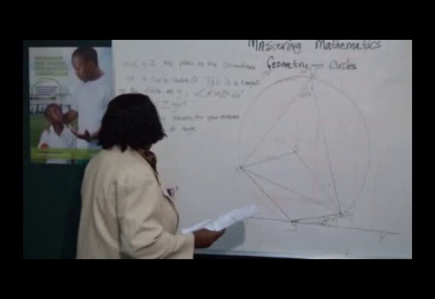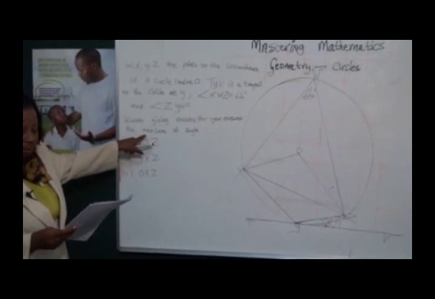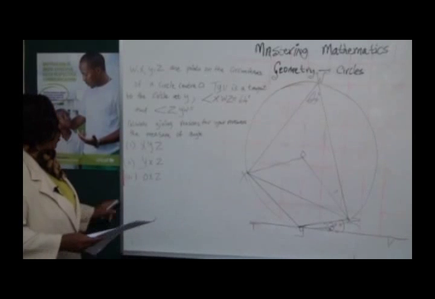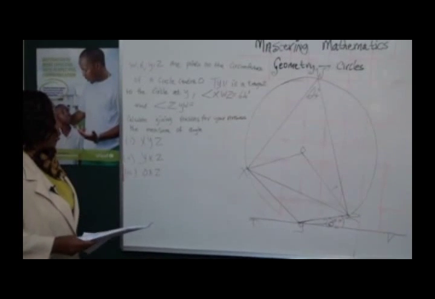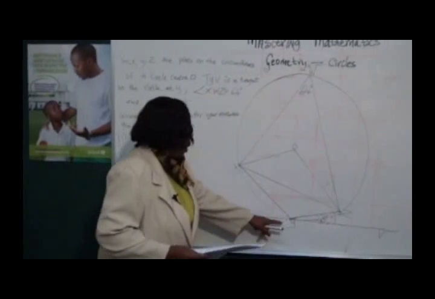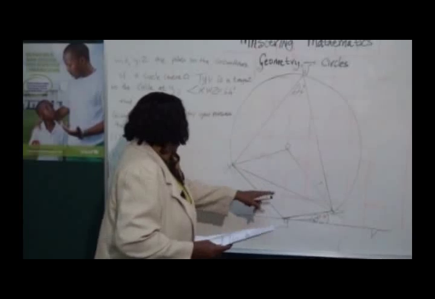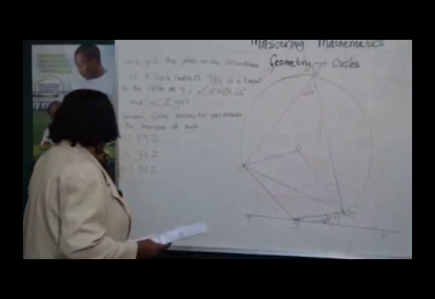And you know the three letters, the angle has to be located at the letter in the middle. The other one we have to find is YXZ. Right here, we have to find that.